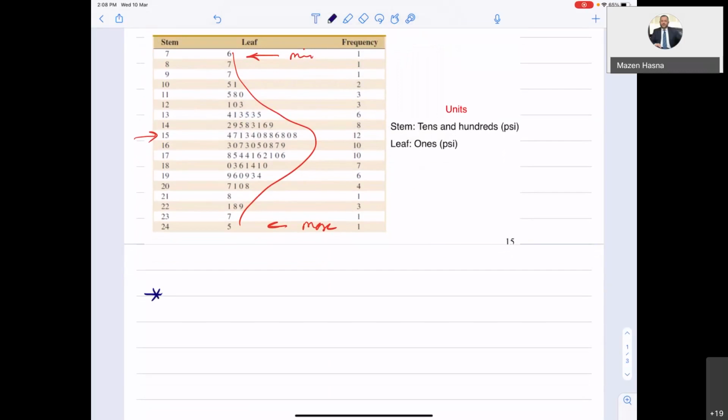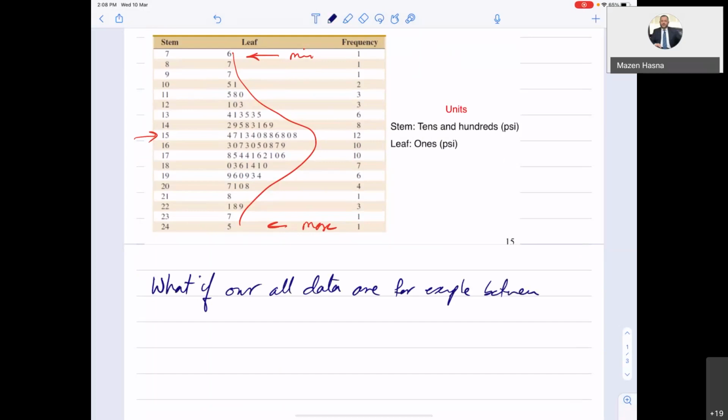Before we go to the next one, what if all our data are, for example, between 80 and 89?